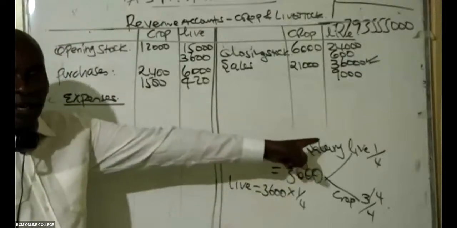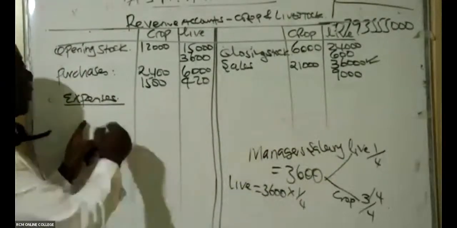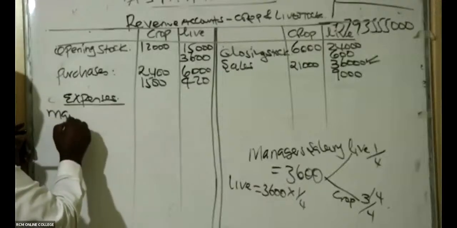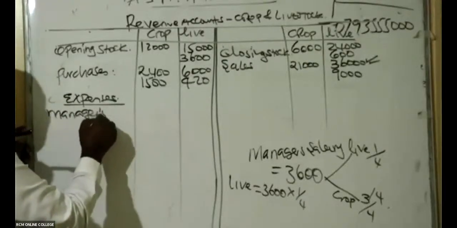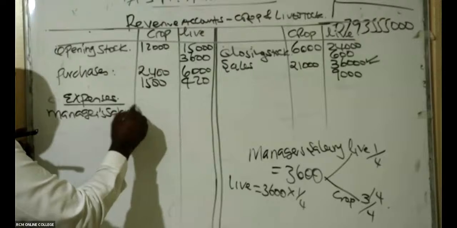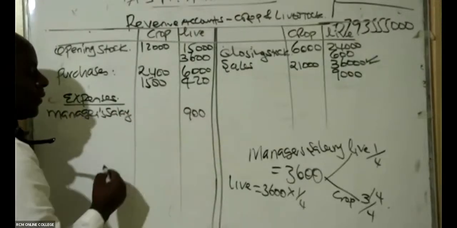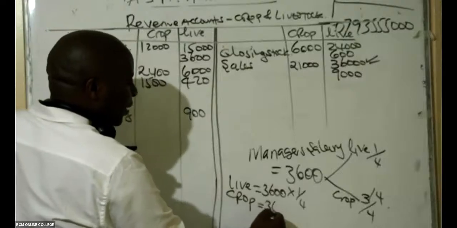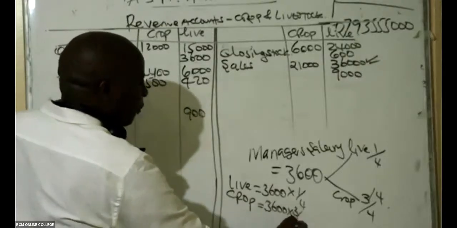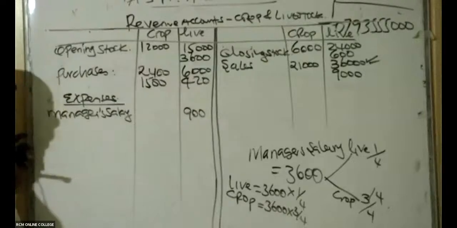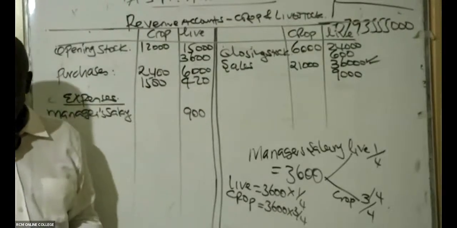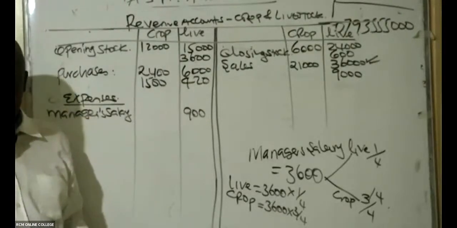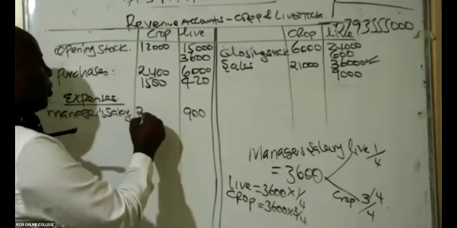You see, I started with the word livestock, but you're bright. We shall come and book the manager's salary here. Livestock is 900, and then for crop we have 3,600 times 3/4, which gives us 2,700.